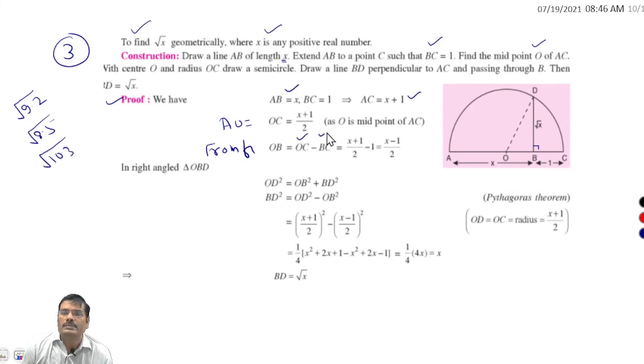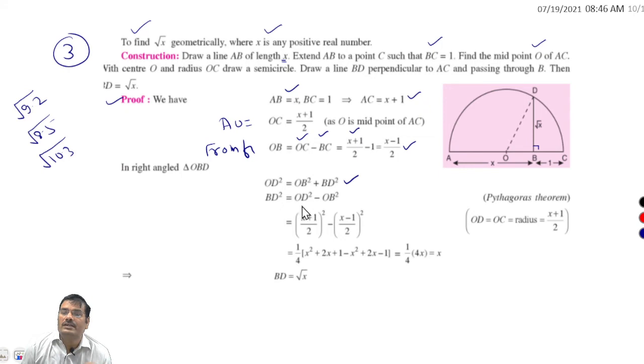Since OC is the radius of this semicircle, in place of OC we write (x plus 1) upon 2 and BC is equal to 1. So when we solve this, this gives us (x minus 1) upon 2. So OB is equal to (x minus 1) upon 2. Now in triangle OBD, if we apply Pythagoras theorem, then OD square is equal to OB square plus BD square.